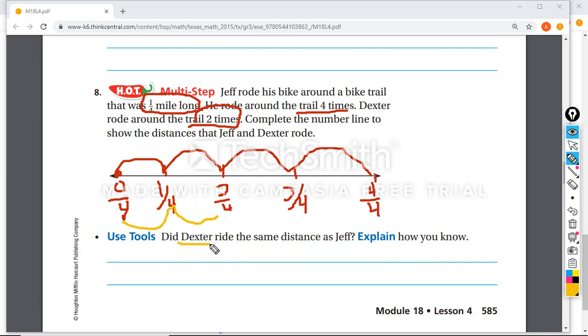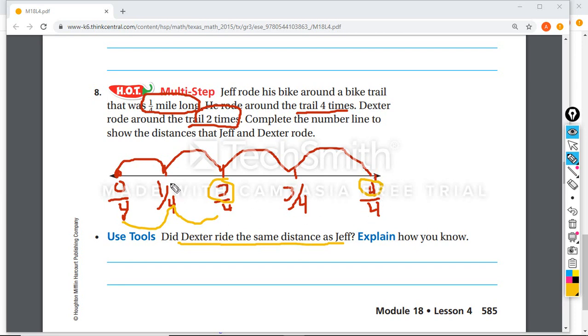Did Dexter ride the same distance as Jeff? Explain. How do you know? Well, I know he did not, because Jeff went 4 times, and 4 times equals 1 whole, which is a greater distance from 0 than what Dexter rode. Dexter only went around twice, and Jeff went around 4 times.